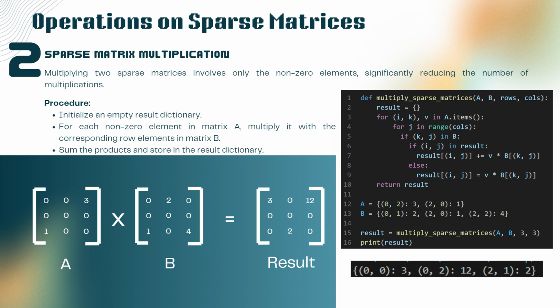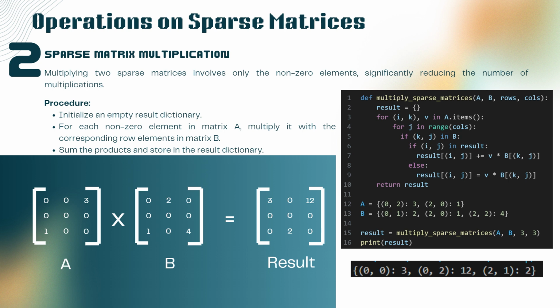On the right side of the screen, you can see the Python program for multiplying two sparse matrices. For this function, the inputs are matrix A, matrix B, and the number of rows and columns. First, we have initialized a result variable with an empty dictionary, and we have started a for loop with the values i, k as the position values and v as the non-zero value in matrix A items.